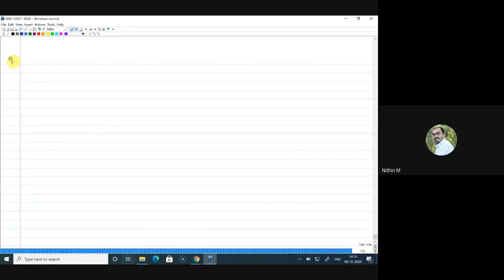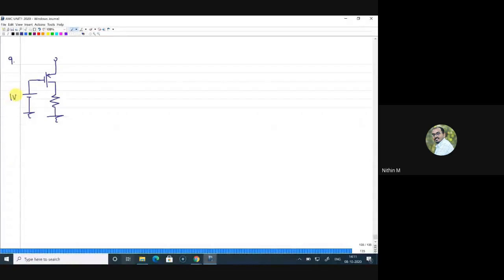So question number 9. For question number 9, there is a circuit diagram given. I'll just redraw the circuit here. This is the circuit given. This is 1 volt. This is 2K. This is 1.8 volts.